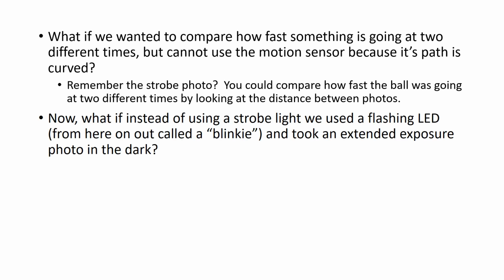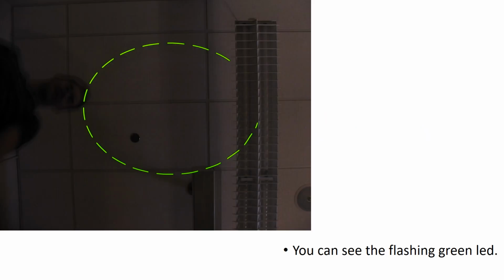Now, what if instead of using a strobe light, we used a flashing LED? And here, we're going to call this a blinky. And I did not come up with that name. Somebody else did. And took extended exposures of the photo in the dark. Well, we're going to see what we can do. Here we have the flashing green LED. This is going to be a pendulum that you're going to see in lab. And notice how you can see it go around in kind of an oval shape there.